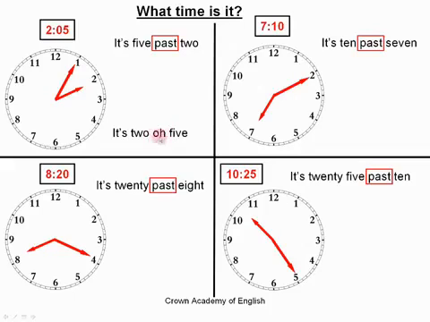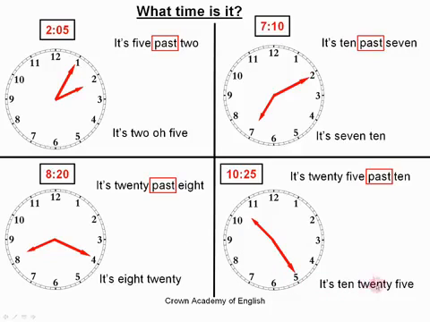So O is because we pronounce it as O. We do not pronounce it as a 0. And then we have the number of minutes, 2:05. And here it's 7:10. So 7 is the hour, 10 is the minutes. It's 8:20. It's 10:25. Okay?